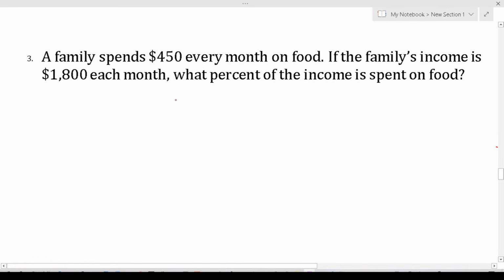All right, as we can see, number 3 says a family spends $450 every month on food. If the family's income is $1,800 each month, what percent of the income is spent on food? So in other words, we want to know 450 is what percent of 1,800?